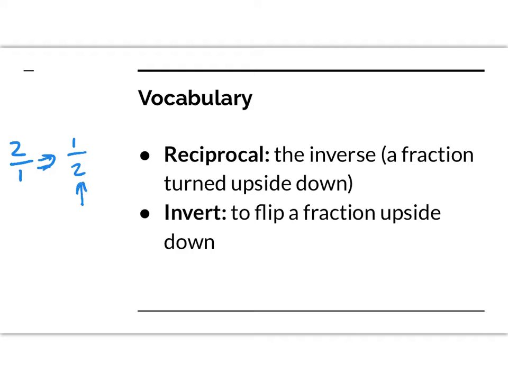This is called the reciprocal, and making a reciprocal is called to invert. So you invert a fraction to get its reciprocal. And the whole process to flip a fraction upside down is to invert.